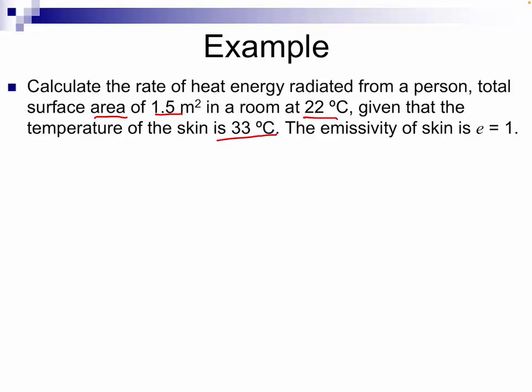The emissivity of the skin, let's just assume it to be 1. So it's a very dark-skinned person in this case. So the rate is Q over t: how much energy is radiated per second by this person?